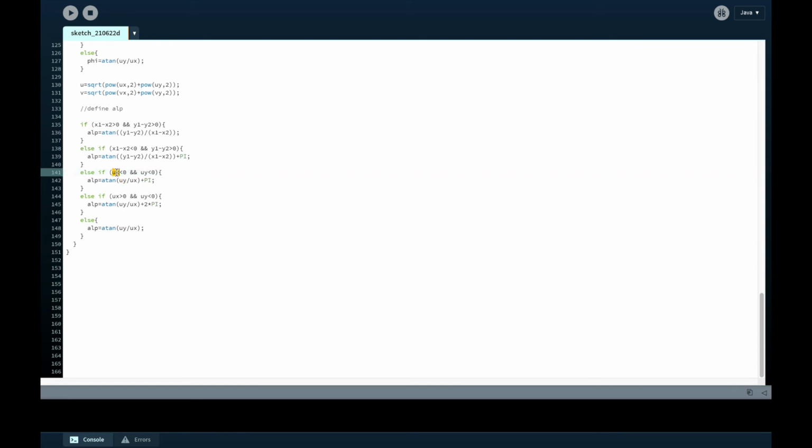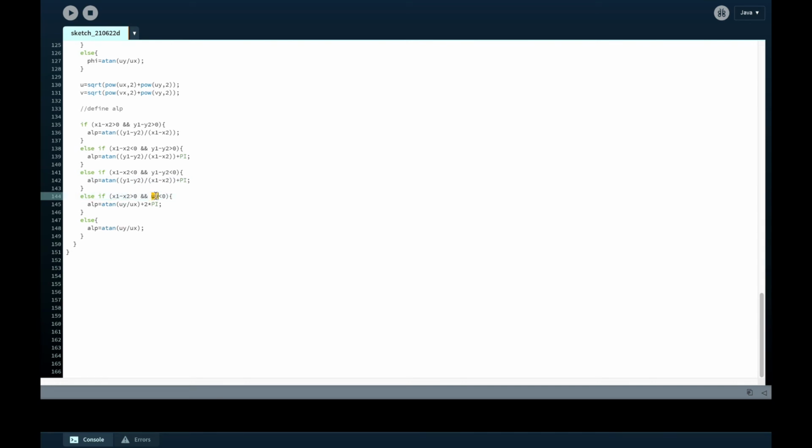If x1 minus x2 is negative and y1 minus y2 is also negative, so it's in the third quadrant, I'm going to have y1 minus y2 divided by x1 minus x2 plus pi, again same reason.